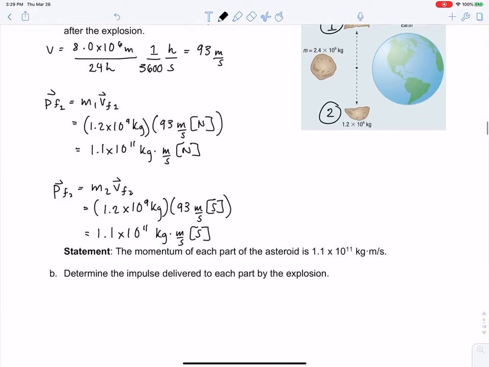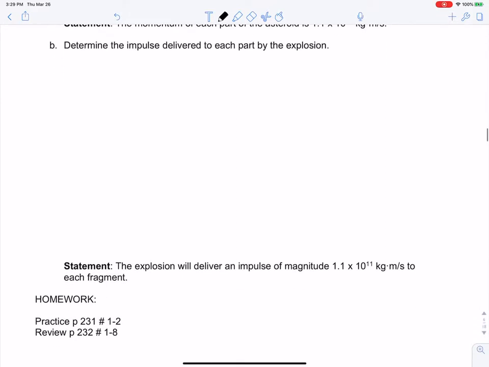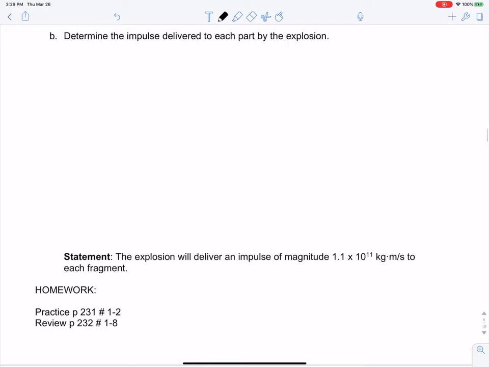In part B, they want us to determine the impulse delivered to each part by the explosion. Impulse is force times time, and it's equal to the change in momentum.